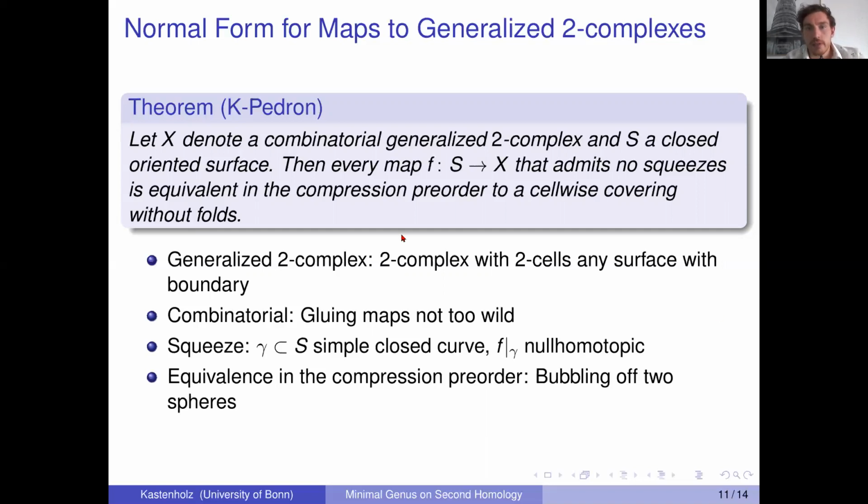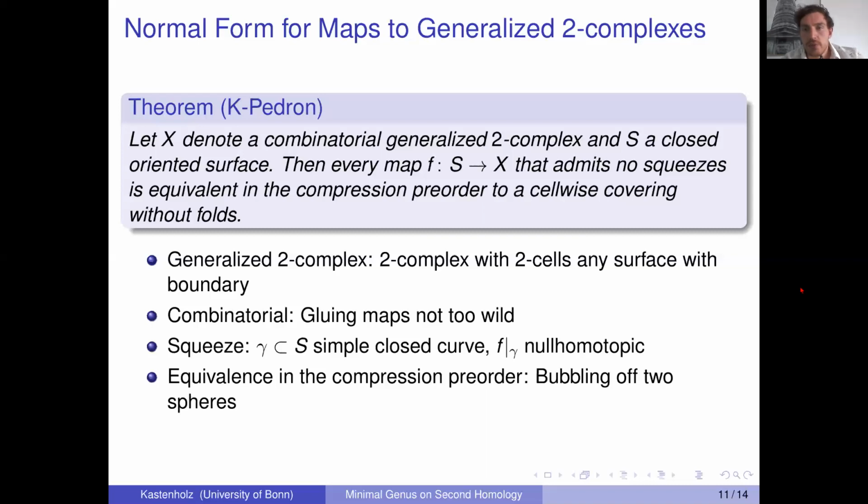Then every map from a surface to this combinatorial generalized 2 complex that admits no squeezes, which should be seen in parallel to how the Edmonds result required that the map doesn't admit pinches. A squeeze is given by having a simple closed curve on our surface and the map not being null homotopic on that curve.